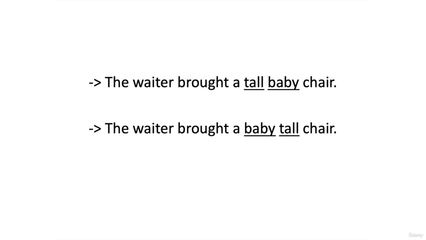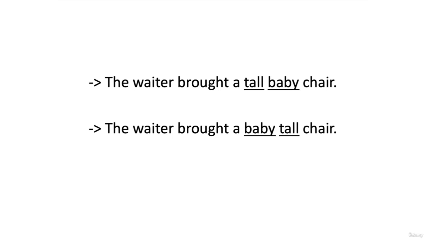As you can see, the first sentence contains cumulative adjectives. The word baby must be next to the noun it modifies, chair, to make sense. With the cumulative adjectives reversed, the meaning of the phrase completely changes.